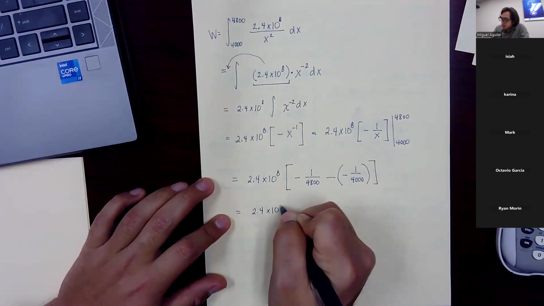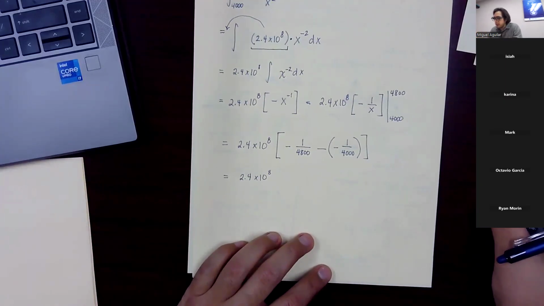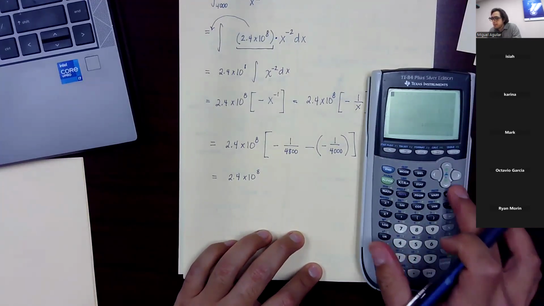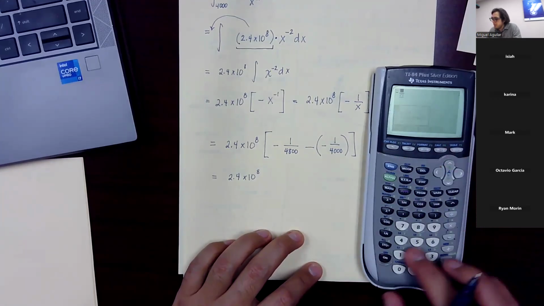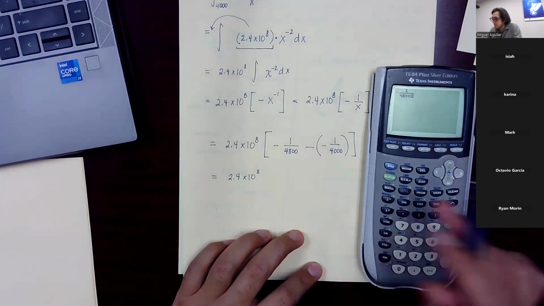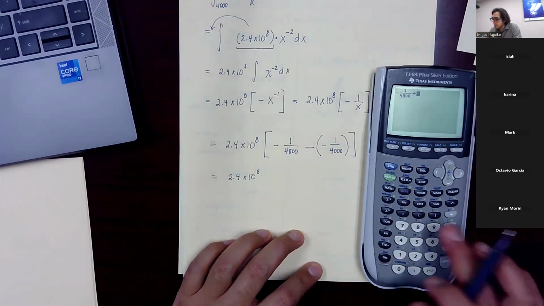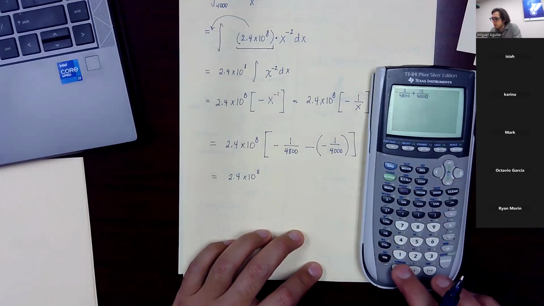2.4 times 10 to the 8th. And now we can just go ahead and evaluate this in the calculator. So negative 1 over 4,800. Then a negative times a negative is going to be a positive, so that's going to be plus this other fraction, which is 1 over 4,000.